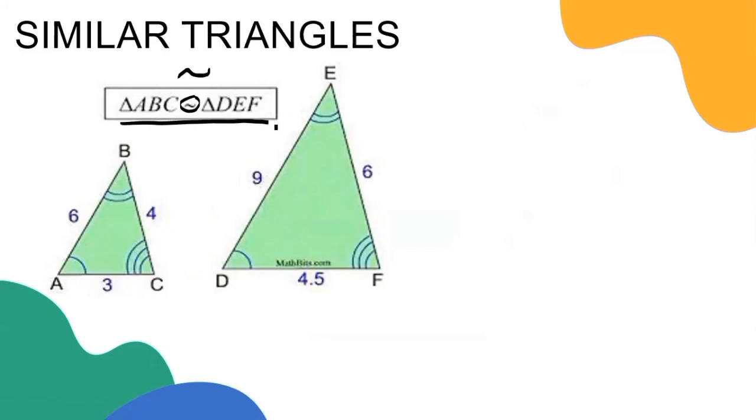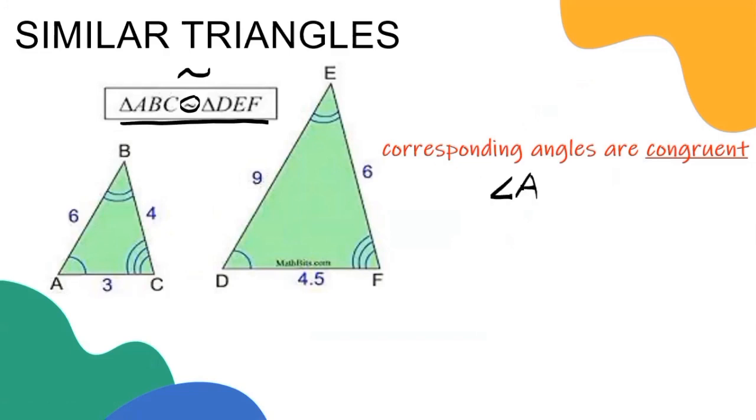Okay? So, from the definition, corresponding angles are congruent for it to be considered similar. In this case, we can say that angle A corresponds to angle D, and they are congruent because they both have the same number of arcs.